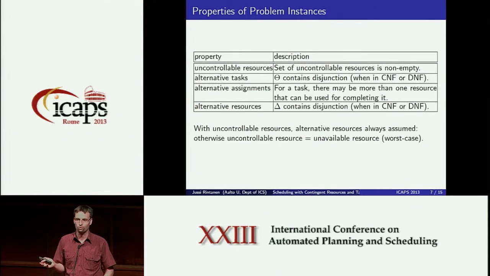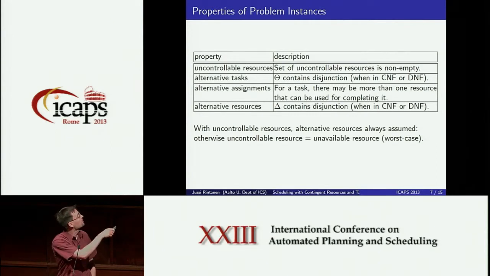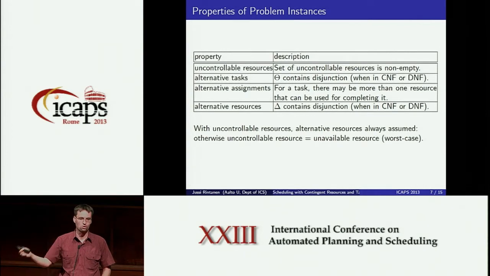And alternative resources, we have actual disjunction in the formula describing what resources will be available. In this case and this case, the basic case without uncertainty simply means that we have a conjunction of all tasks and all resources telling that all tasks must be completed and all resources are available.